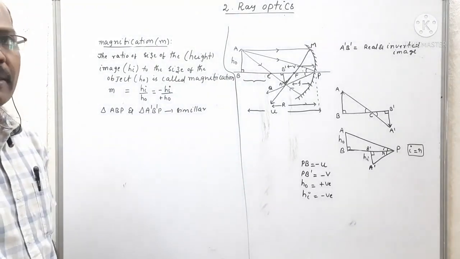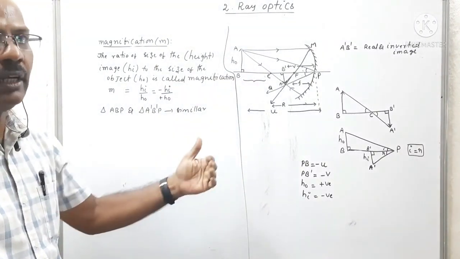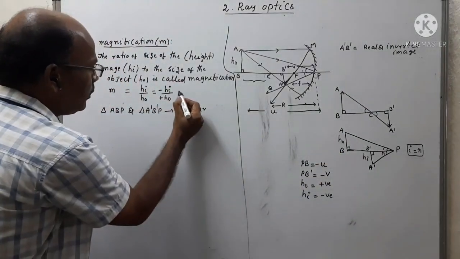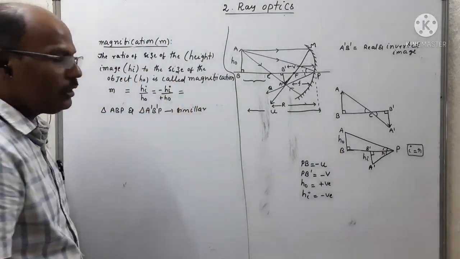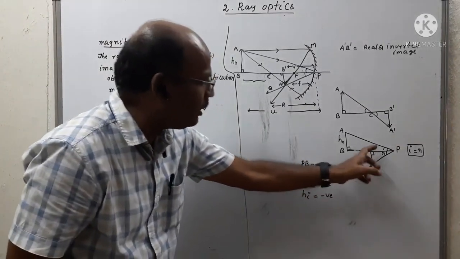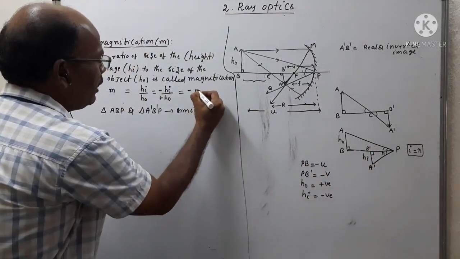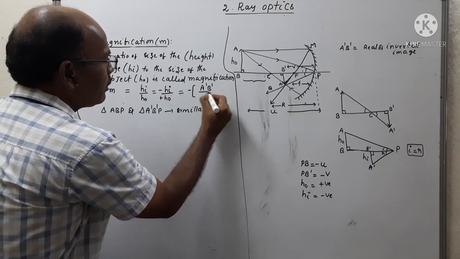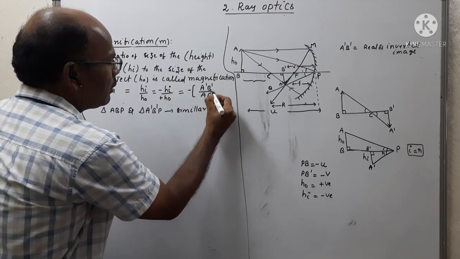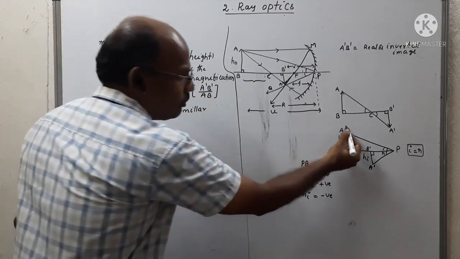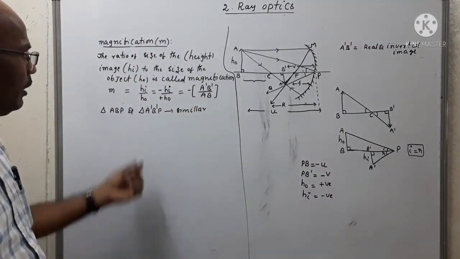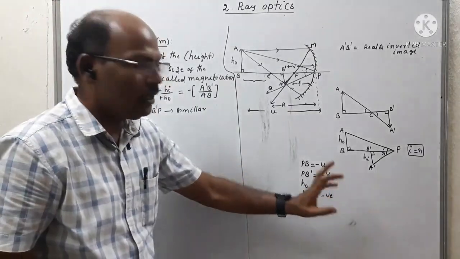Take the ratios of the same sides as proportional. The height of the image is A dash B dash, so minus A dash B dash divided by the height of the object AB. We write A dash B dash by AB in terms of u and v.